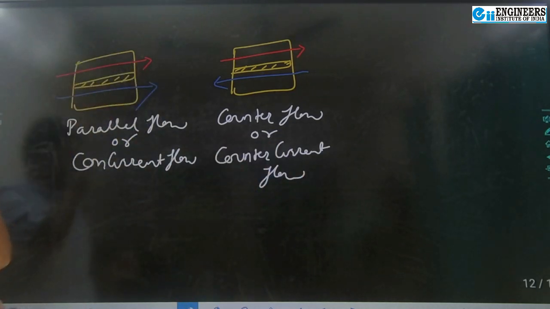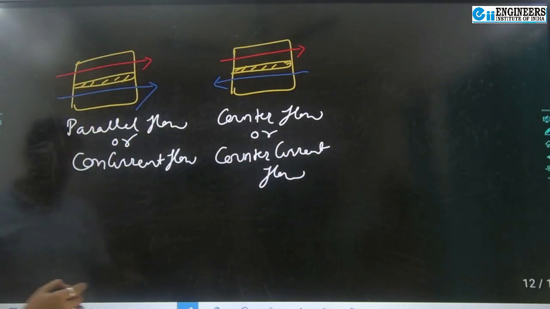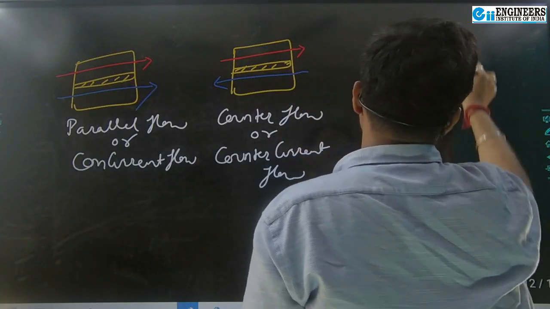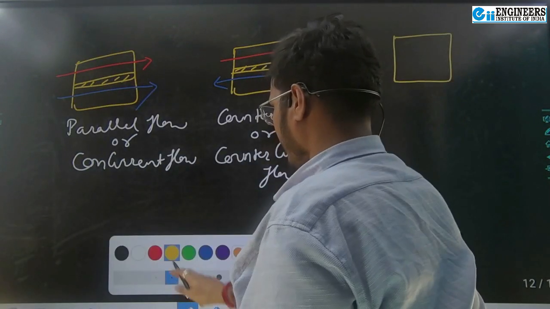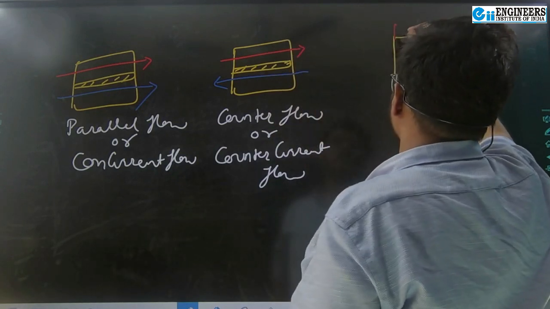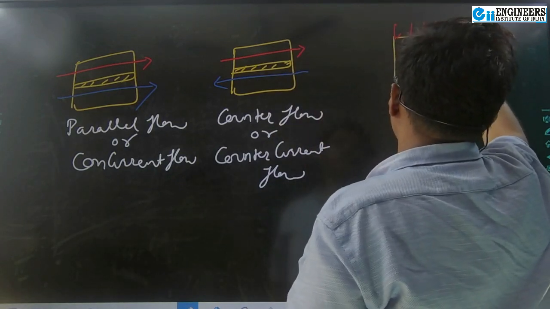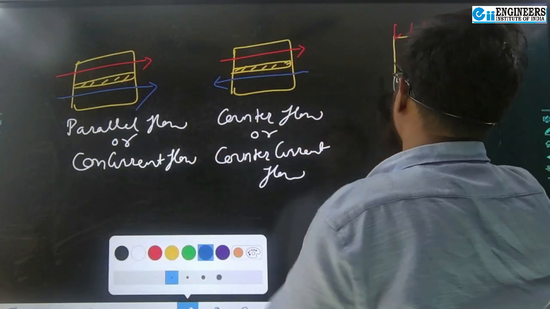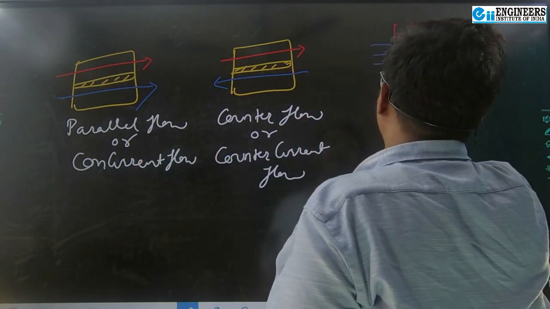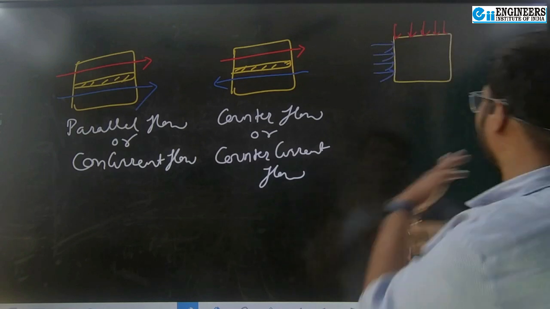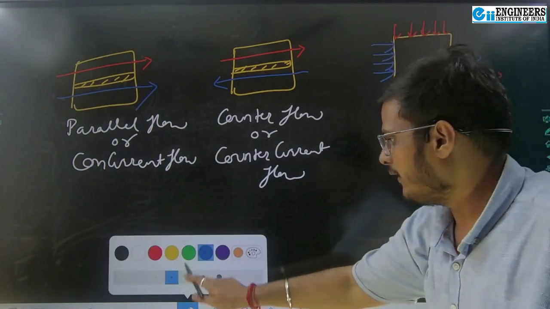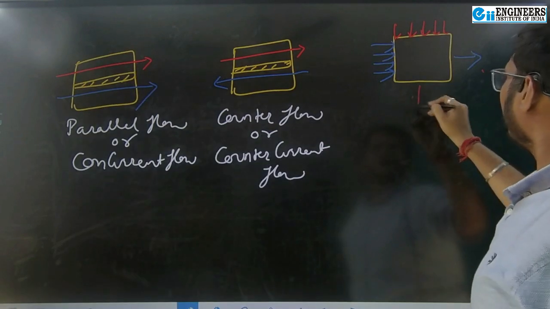Another category of this type of heat exchanger comes into picture if there is a heat exchanging device in which the hot fluid is coming in one direction, and the cold fluid is coming at an angle of 90 degrees, intersecting it, and it is flowing in such a manner.